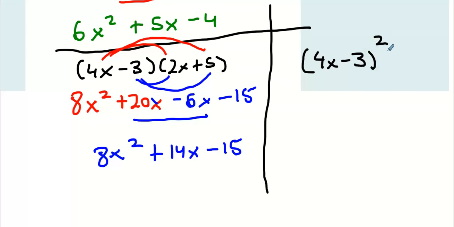Are you looking? Lads, you understand we're doing the question on the right-hand side of the board? And here's what we're going to do instead. We're going to do 4x minus 3, and then we're going to do another 4x minus 3. And then we're going to do exactly what we did last time. Off you go.